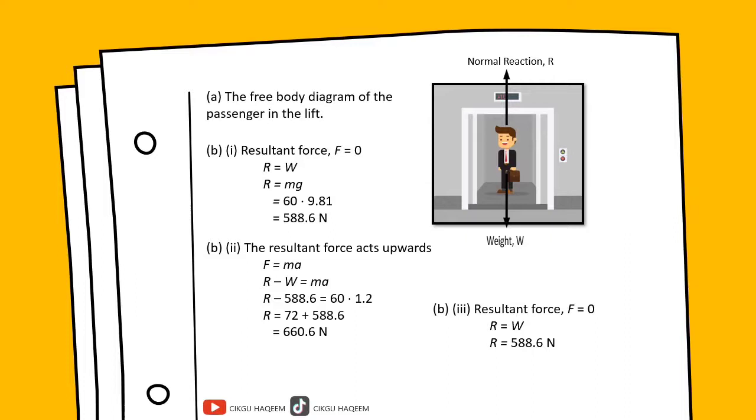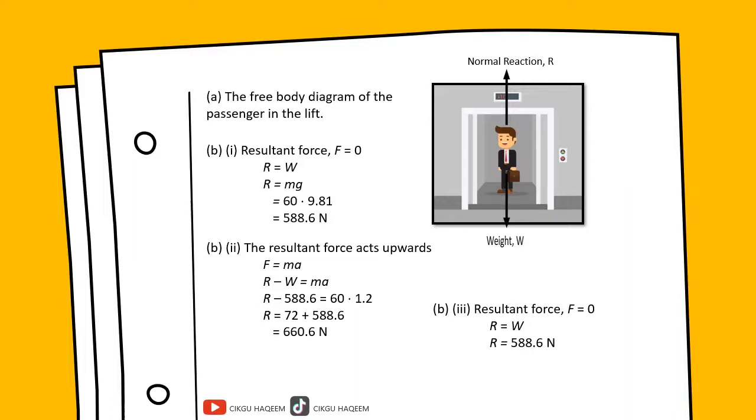Okay, B, calculate the resultant force when the lift is stationary. We know that when an object is stationary, the resultant force will be 0 because both forces in opposite directions are balanced.